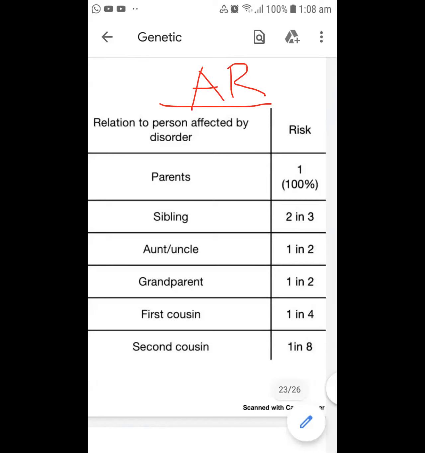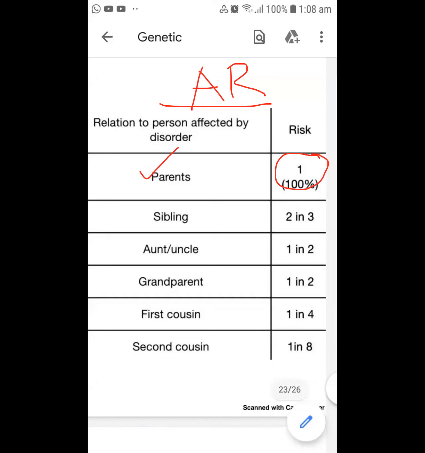That means parents are 100% at risk of being a carrier if they have an affected boy or girl. Remember, this is only for autosomal recessive, not for autosomal dominant or X-linked dominant.